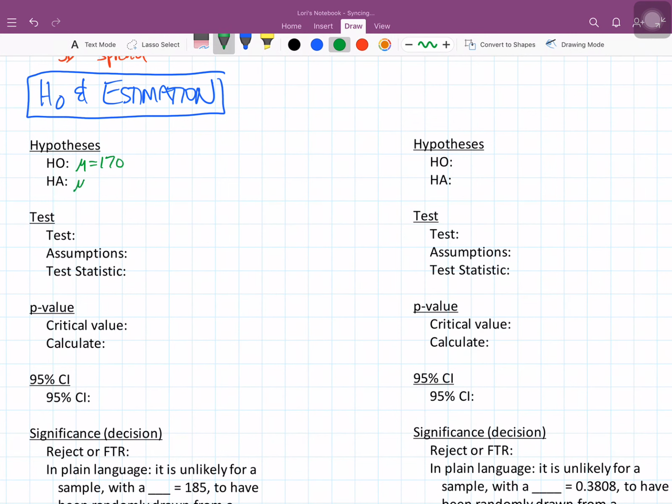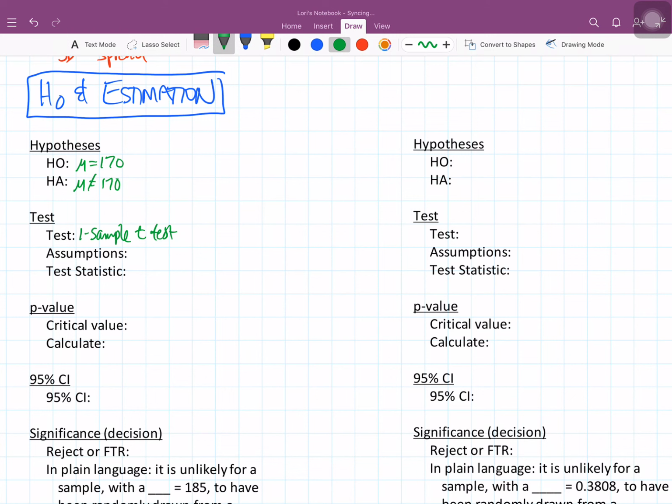The alternate then would be that the average is not equal to 170. Our test is a one sample test, and in this case we're going to call it a t-test instead of a z-test, because we don't automatically know sigma. Remember that a z-test is only applicable if we have a known sigma value.